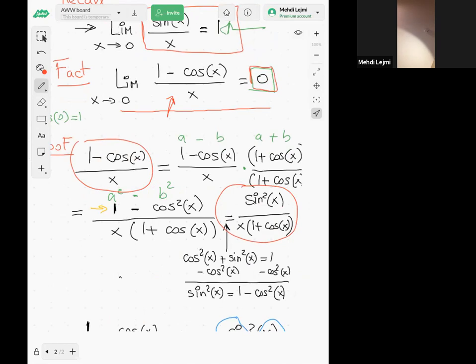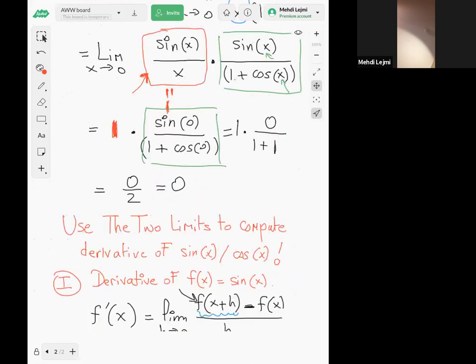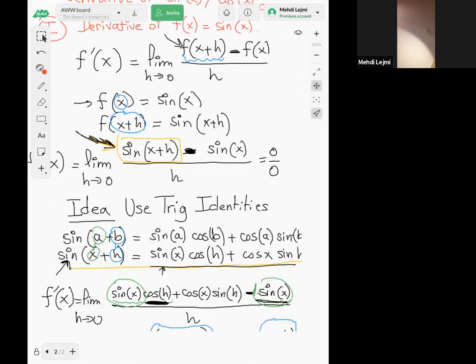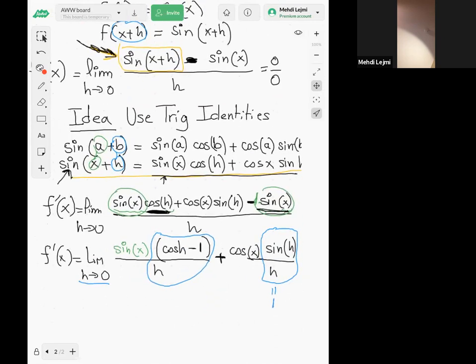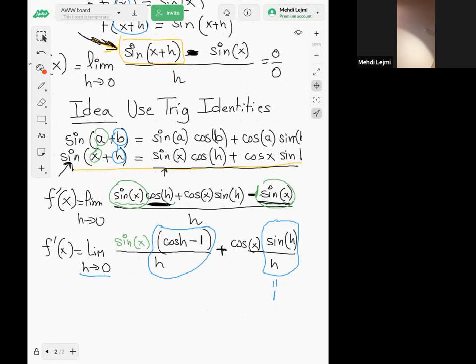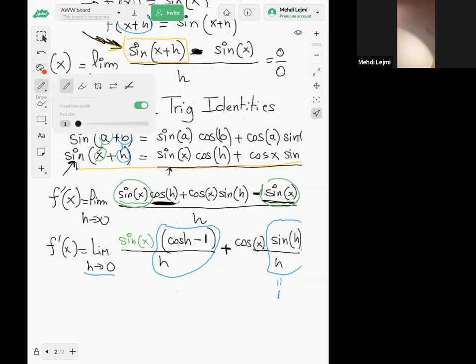And here we have cosine of h minus 1 over h. So this looks like that one.